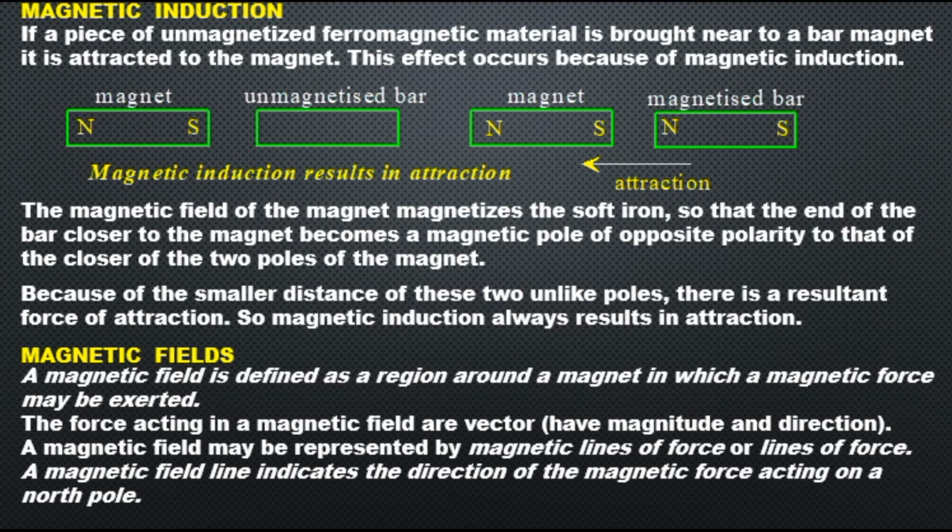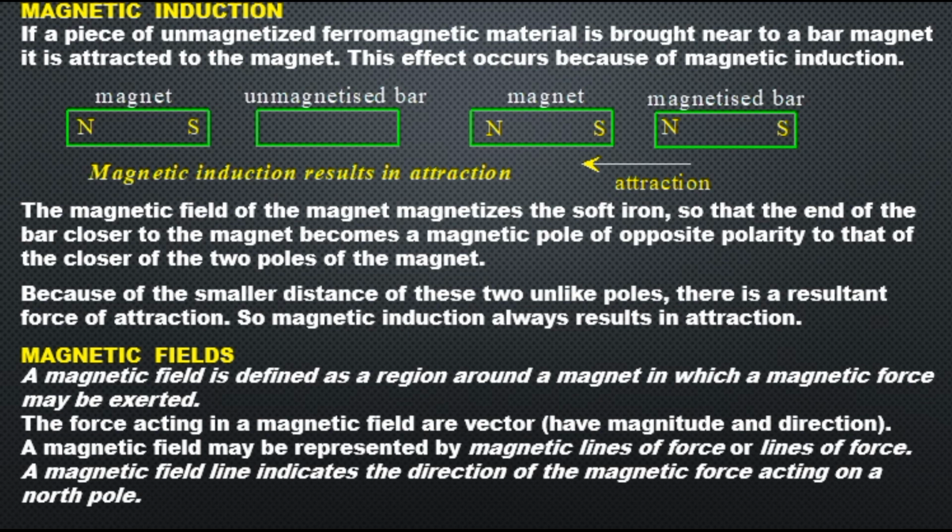The magnetic field of the magnet magnetizes the soft iron, so that the end of the bar closer to the magnet becomes a magnetic pole of opposite polarity to that of the closer of the 2 poles of the magnet. Because of the smaller distance of these 2 unlike poles, there is a resultant force of attraction. So magnetic induction always results in attraction.